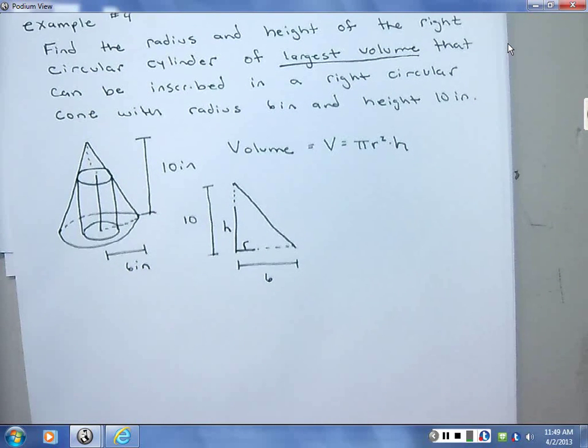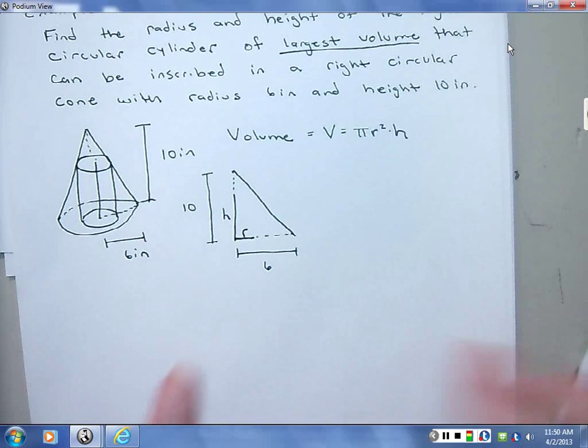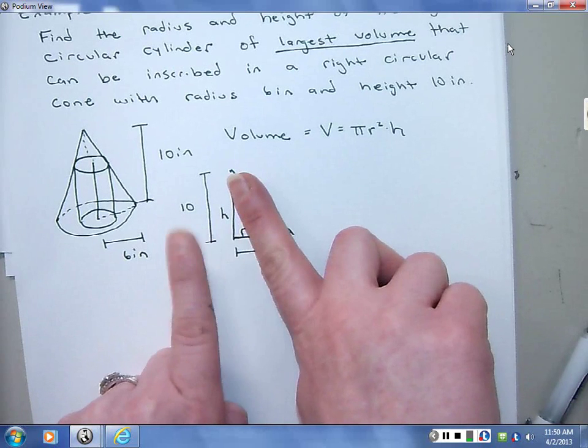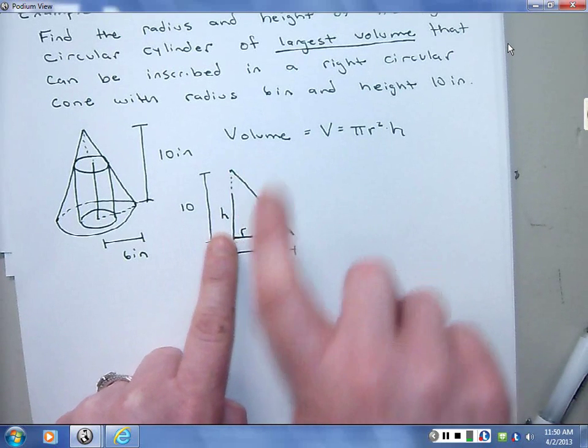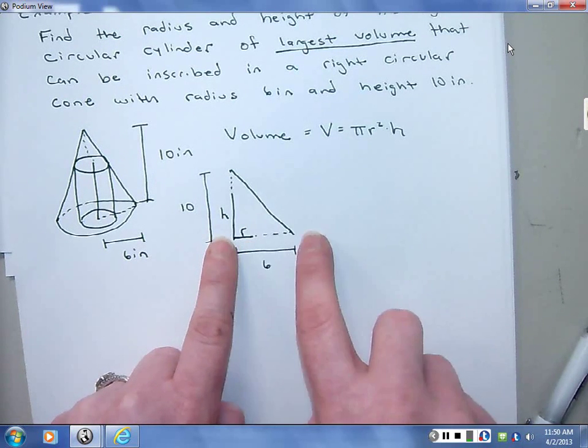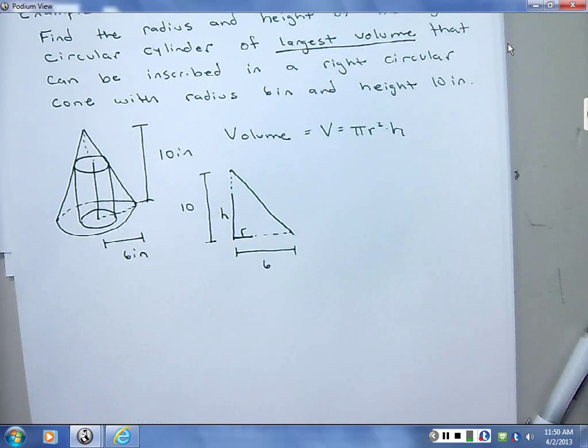All right, if I take just this and make a cone out of that, the maximum h can be is 10, and the maximum r can be is 6. So I kind of have an interval for h or r, but I want to get it all in a function of h or all in a function of r.